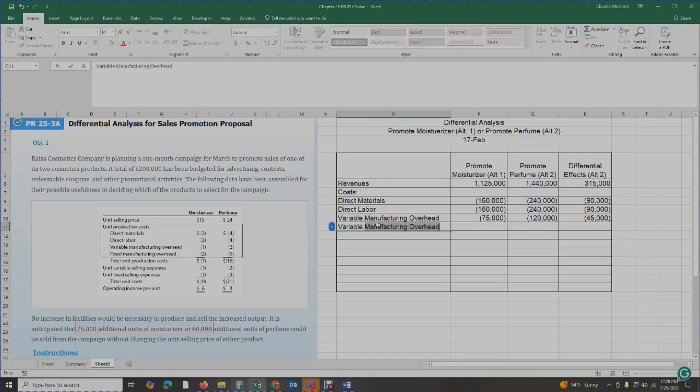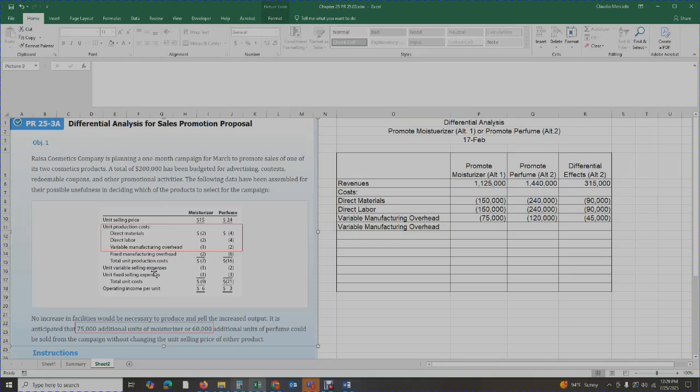And then we've got the variable manufacturing overhead. And then the fixed overhead is not going to be impacted because that does not change. The fixed manufacturing overhead will stay as is.